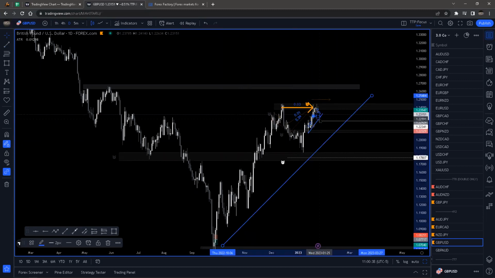But remember, my entry is right in here. So even another little tug back would knock me out of this position, and I'd be at break even if I get my stops to break even, or a small loss. But why would I expect it to come all the way up here when I can secure some good profits where I'm at? So that's the current game plan, and then we'll just see how everything goes.